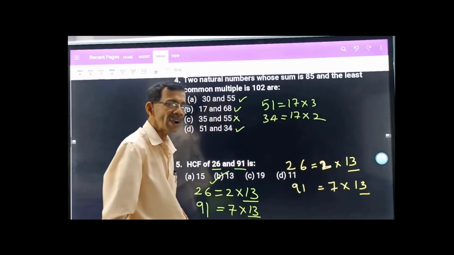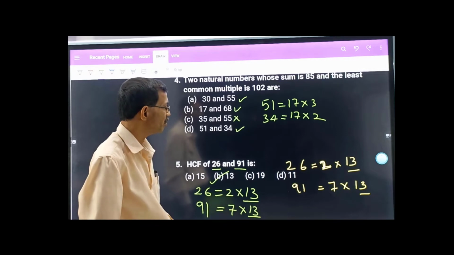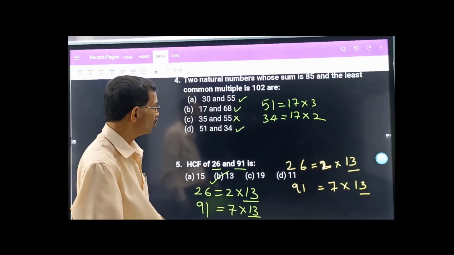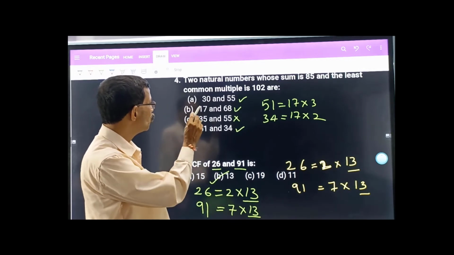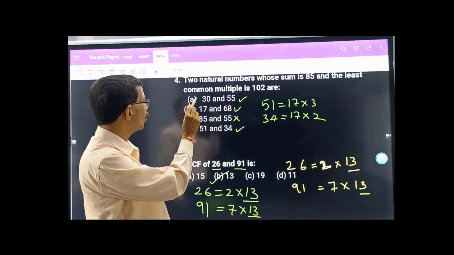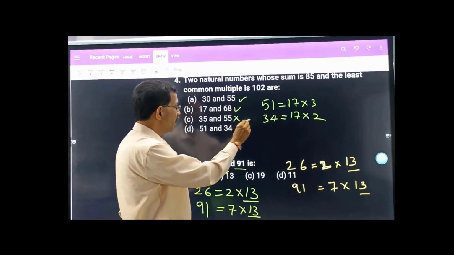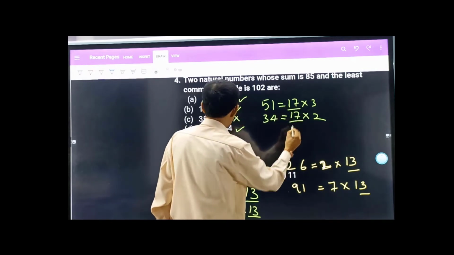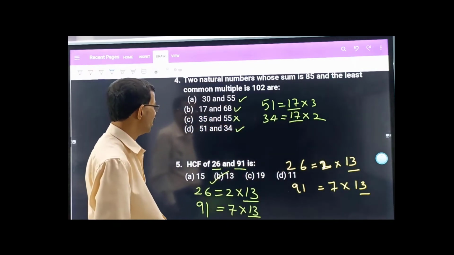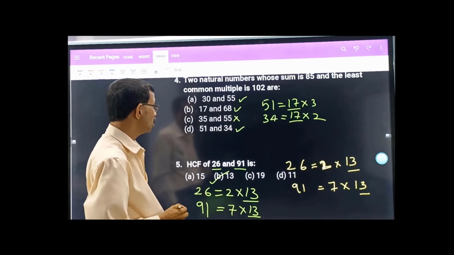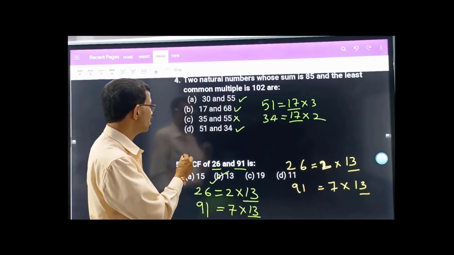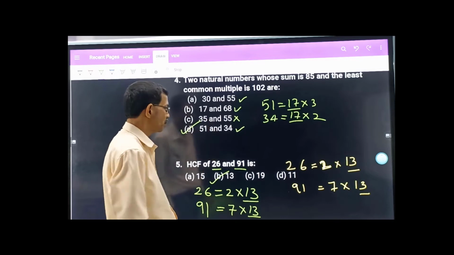So here 17 and 2 both are prime numbers. So therefore the two natural numbers whose sum is this and the least common multiple is 102, and therefore the correct option is option D.